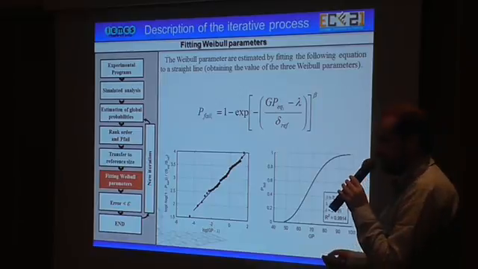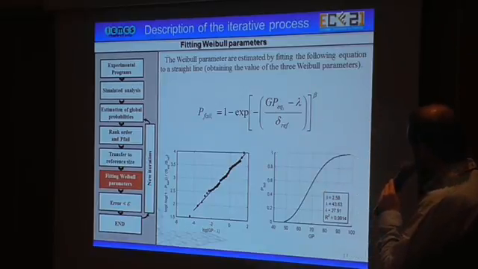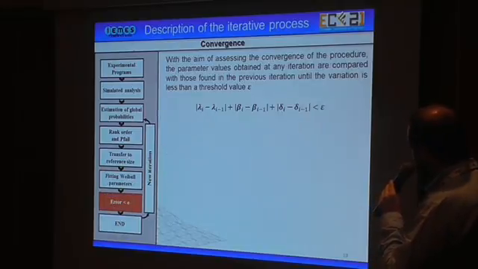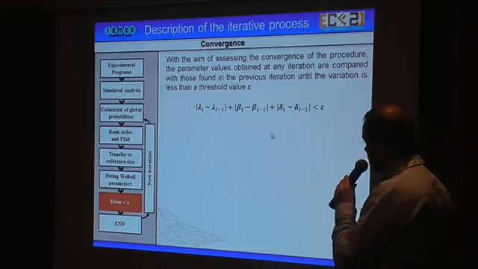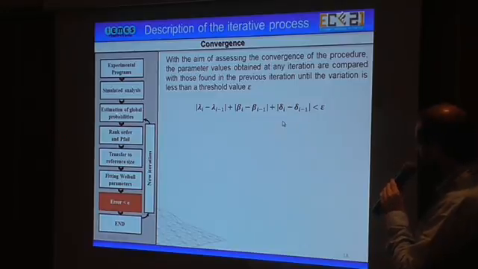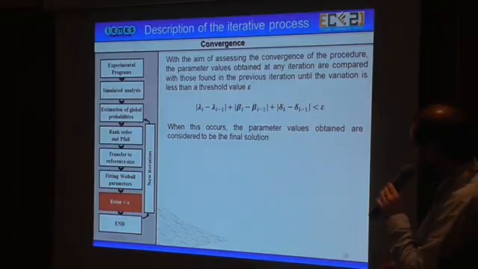And finally, we can obtain the Weibull values for all results together with a probabilistic paper or a MATLAB subroutine, and compare the Weibull values that we just calculated with the Weibull values that we assumed at this point, and start an iteration process until the sum of this variation is less than a prescribed threshold.